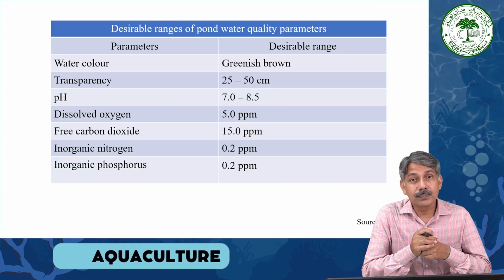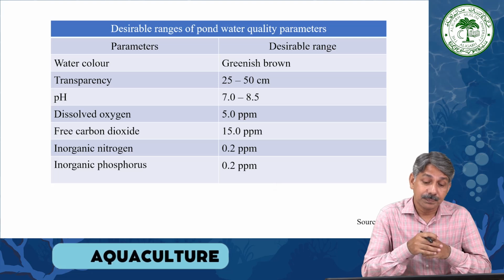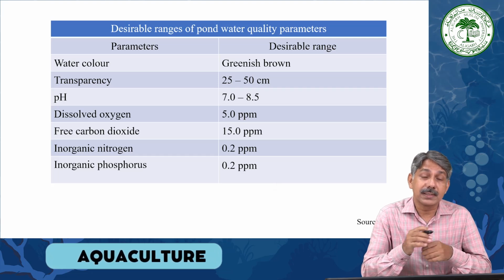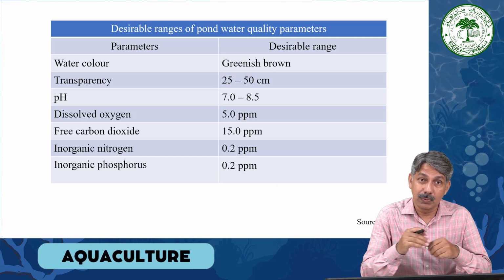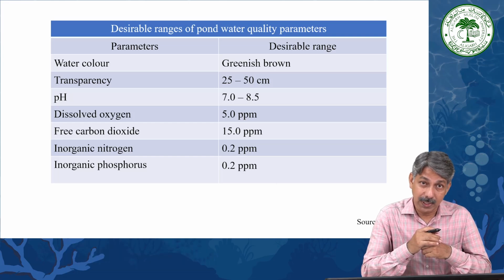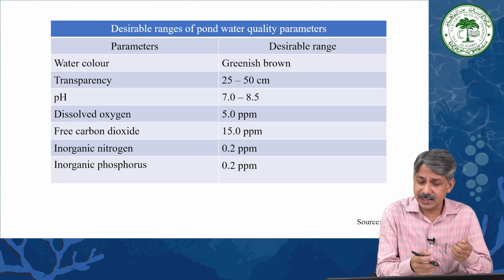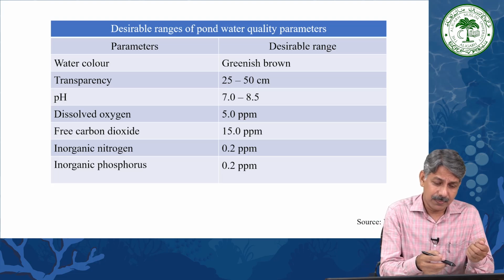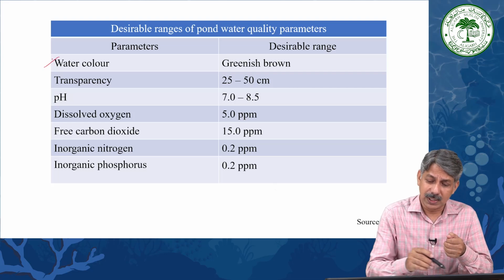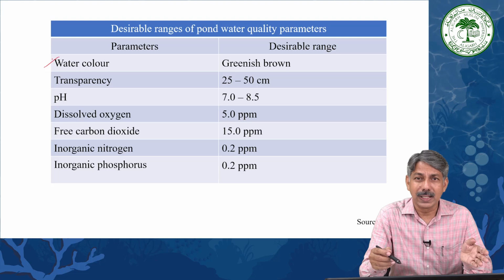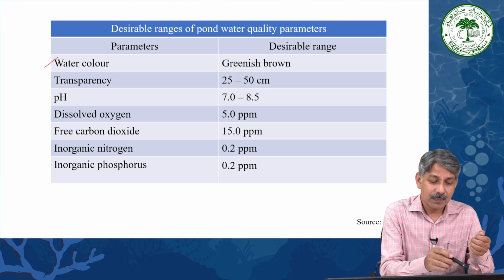Then we have to monitor water quality. I told you in the previous slides that water quality is necessary to be monitored for the overall environmental health of the system. So here it is written that, as per FAO and many other agencies, the water color should be a little greenish brown, which may be indicative of the presence of plankton also.